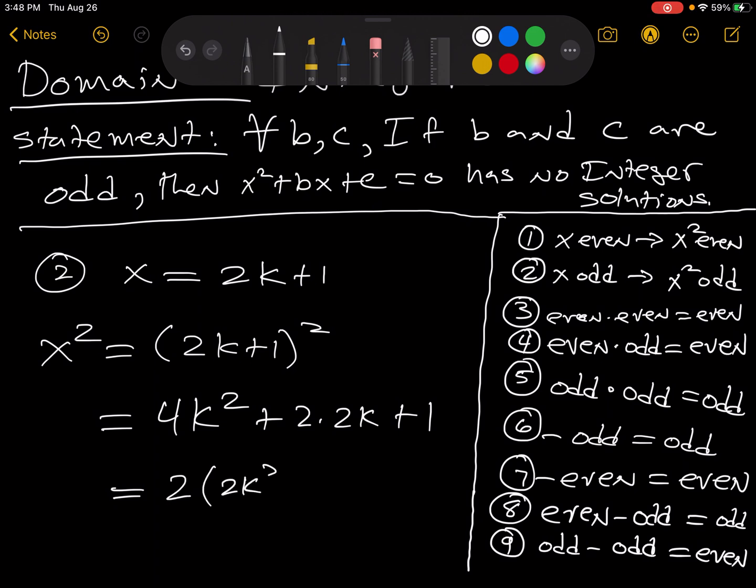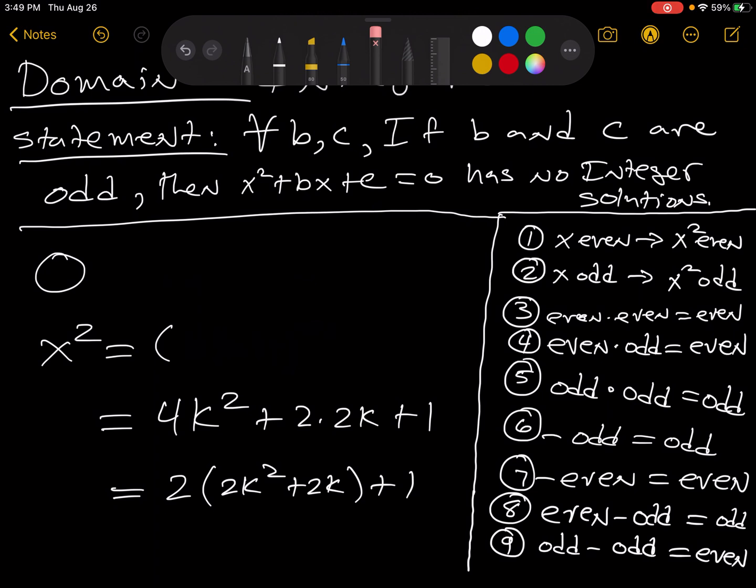We have 2 times (2k squared plus 2k) plus 1. If k is an integer, then 2k squared plus 2k is an integer. And so then we see that x squared is 2 times some integer plus 1. So that establishes 2. If x is odd, then x squared is odd.